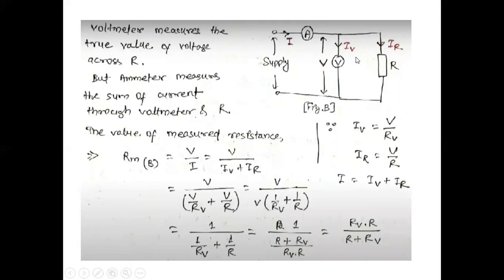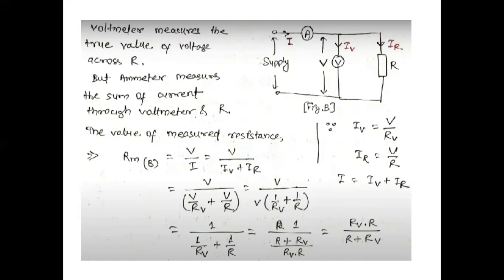In the second method, the voltmeter measures the true value of voltage across the resistance, but the ammeter measures the sum of the current through the voltmeter and R. This is because the internal resistance of the voltmeter is very high, but it is less than infinity.